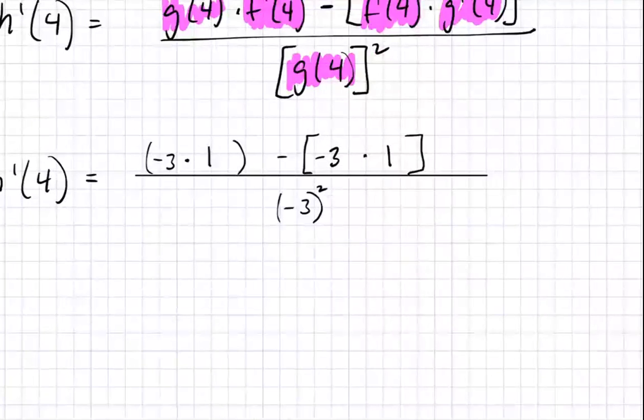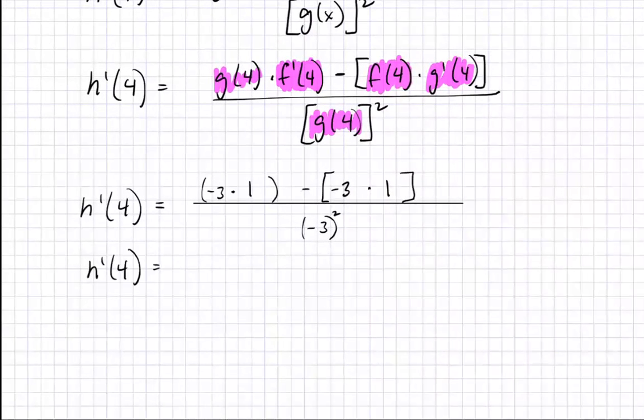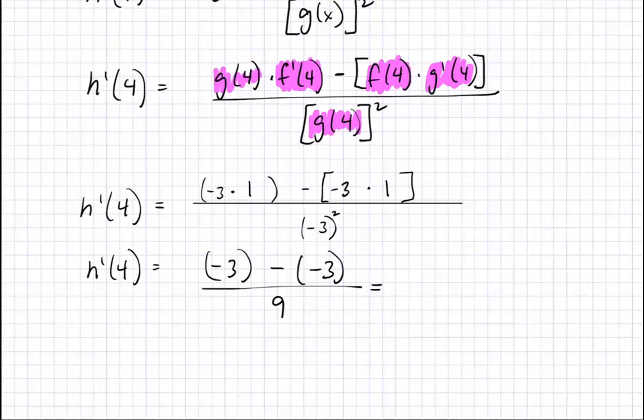So we have H prime of 4 equals -3 minus -3 over +9, because -3 squared is +9. Negative minus a negative, change them, right?